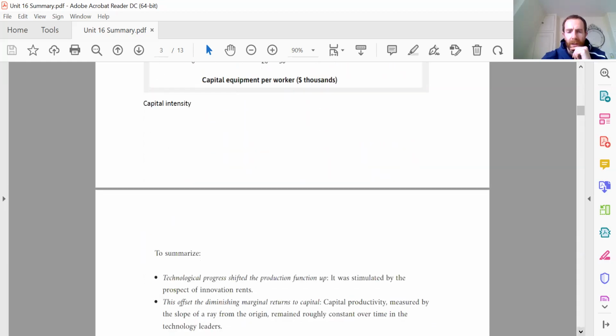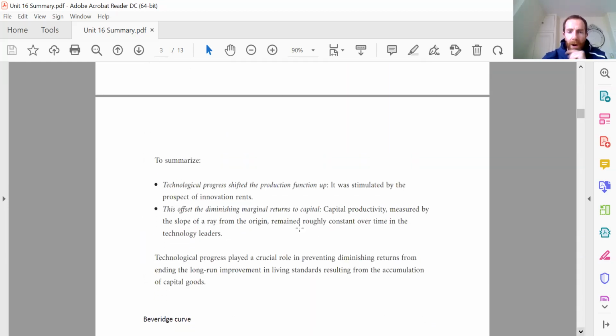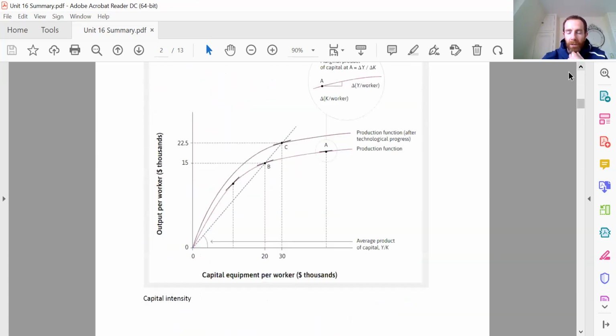Okay, so summarizing, technological progress shifts the production function up, as we saw, and that's going to offset the diminishing marginal returns to capital, right? Just to go back for a second, why is it offsetting it?